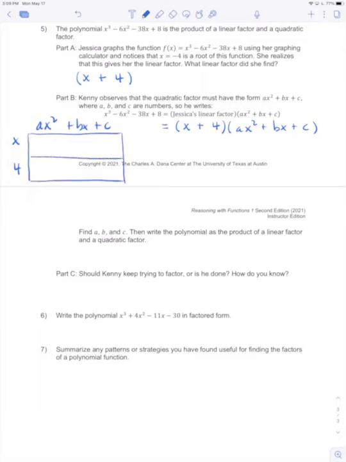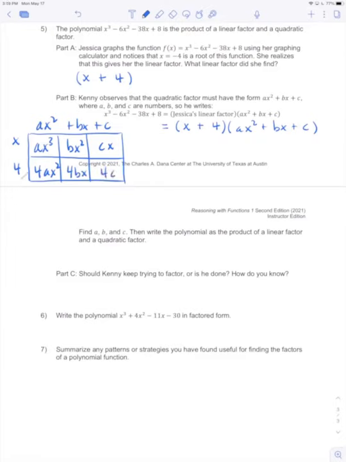I'm sorry, multiplying x times ax squared, we get ax cubed. And then multiplying bx times x, we get bx squared. And then c times x is cx. Multiplying the next row, let's see, we get 4ax squared, and then 4bx, and then 4c.